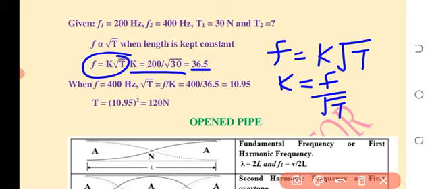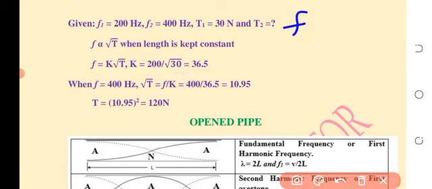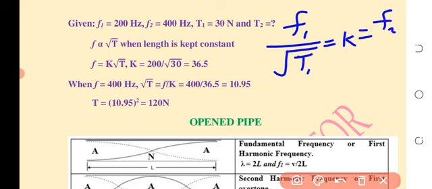Now, if this is our constant, it means we can say F1 over root T1 equal to K, and that is also equal to F2 over root T2. And that is what we applied right here.